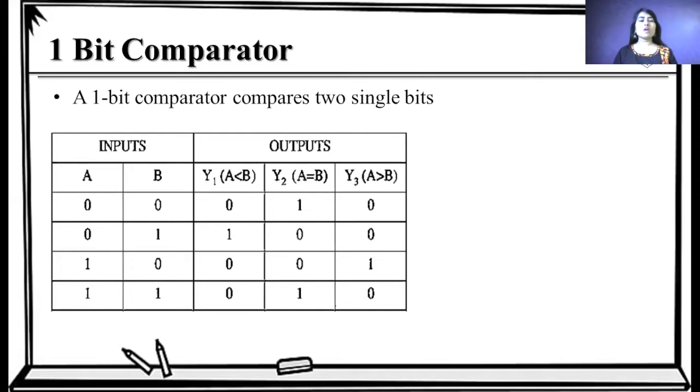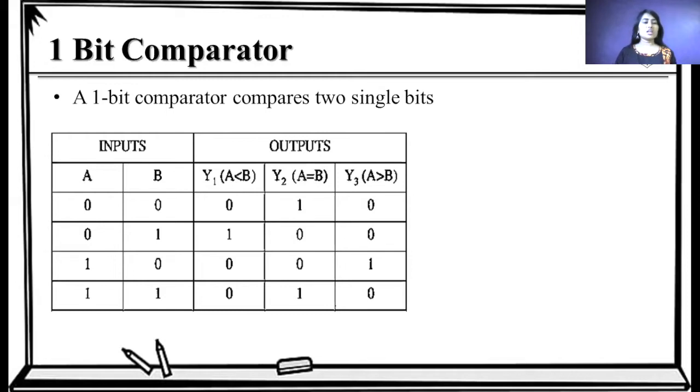So we have output for A less than B equal to 1, and A equal to B and A greater than B are equal to 0. Then next, A equal to 1, B equal to 0. That means A greater than B. So A less than B equals 0, A equal to B equals 0 and A greater than B equals 1.